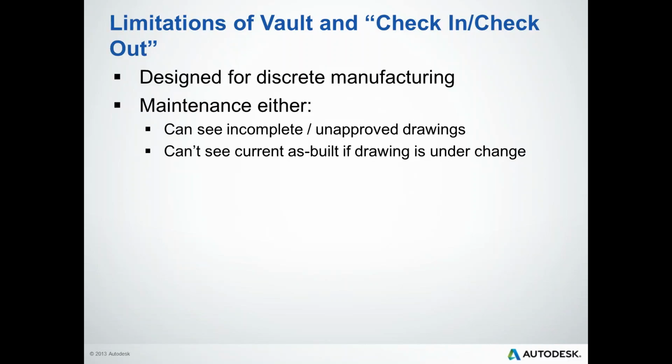Or you can configure it so that if a drawing is being revised, they can't see it at all. Well, really what you want is for the maintenance people to see the last released while the changes are going on someplace else they can't see. And that's what Project Connection is for.